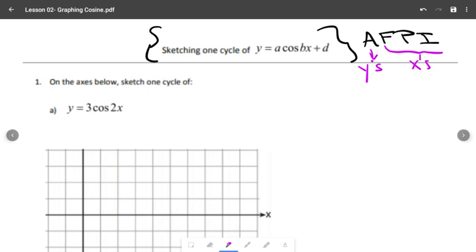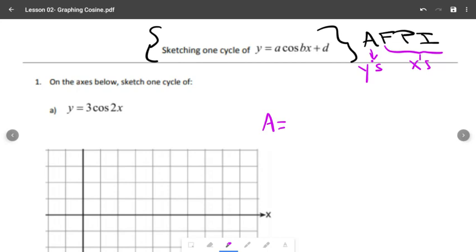So number 1, sketch one cycle of y equals 3 cos 2x. So we're going to be following the exact same steps. You're going to see there is one piece that is different, and it's really just the numbers you're using are different. Otherwise, the steps are exactly the same as last week, which is why we took so long to go over graphing sine to make sure we understood it.